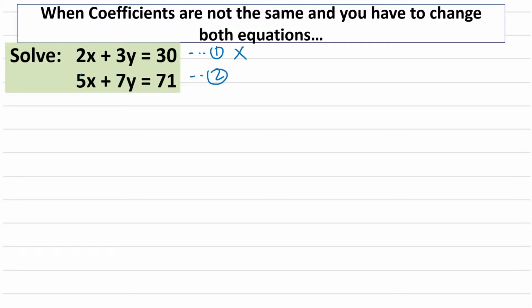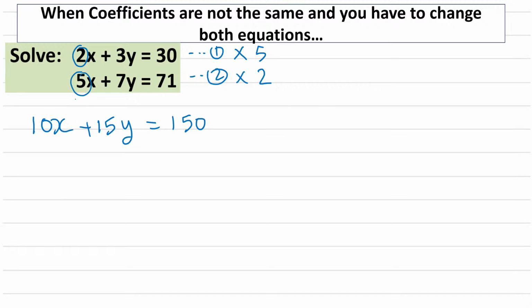I'm going to multiply this equation by this number, 5, and I'm going to multiply equation 2 by this number 2. So times 2. Now what do I have? 2 times 5 is 10x plus 3 times 5 is 15y, equals 30 times 5 is 150.